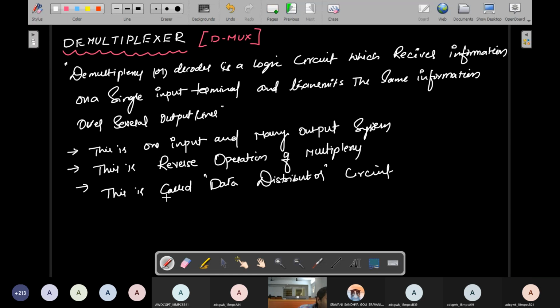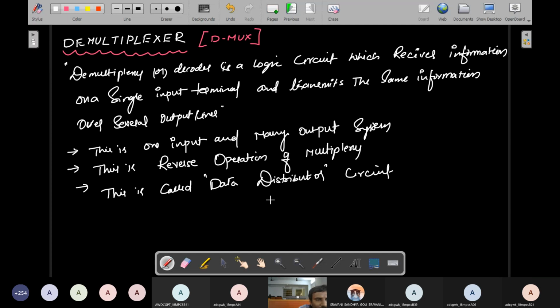Here we also draw the logic circuit block diagram of the demultiplexer. Please note everybody, I'll move to the next page. So this is the information about the demultiplexer. Generally demultiplexers are also called decoders. A demultiplexer or decoder is a logic circuit which receives information on a single input and transmits the same information to several output lines. This is a very important definition.